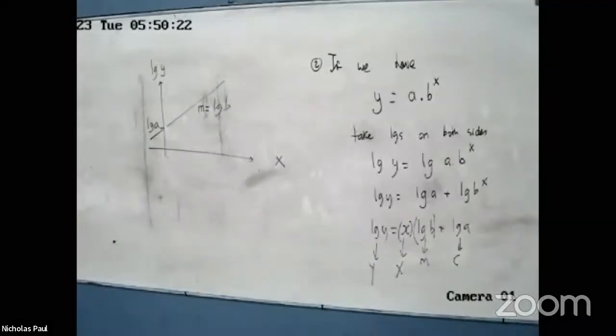So suppose I gave you something like this instead. Here's a graph. The graph is for log y versus log x. You don't have to plot anything. I am giving you the y-intercept.